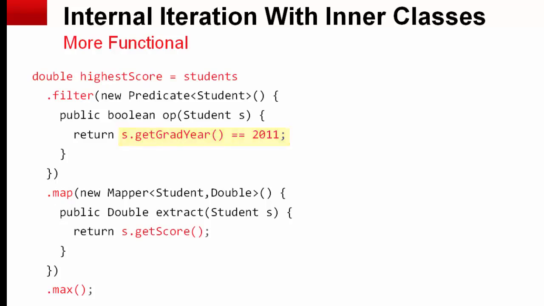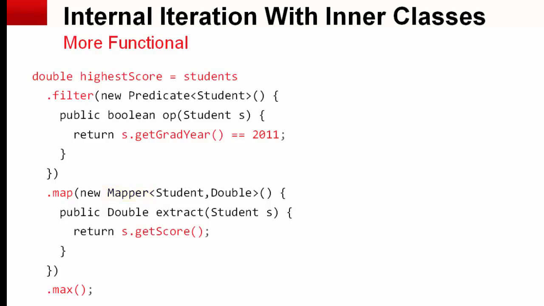The output of the filter method will be a subset of the students that we have to start with, which will only be the students who graduated in the year 2011. We take that subset of data and we pass it to another method, in this case called map, which uses another anonymous inner class called mapper to determine how to actually do that mapping.